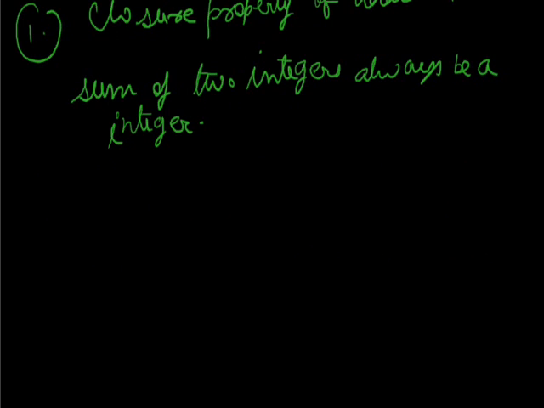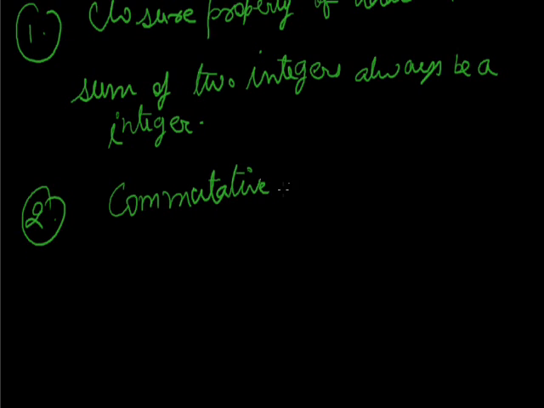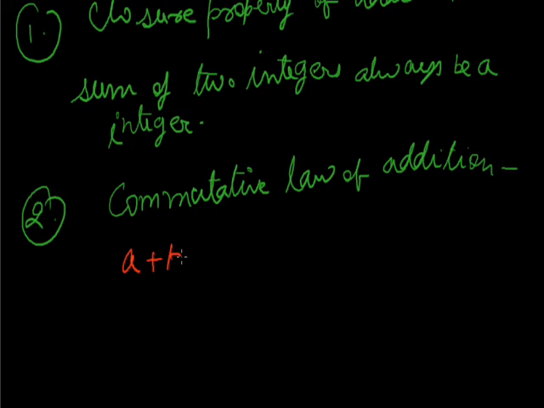Now, the next property is commutative law of addition. In this commutative law of addition, if a and b are two integers, then the answer should be an integer, and if a plus b is an integer, then b plus a will also give you an integer.